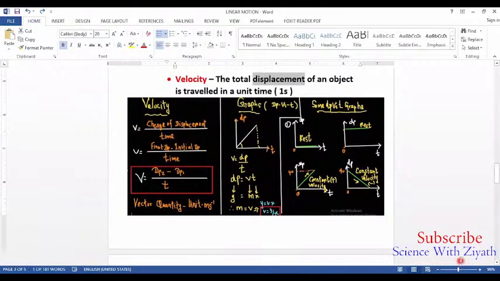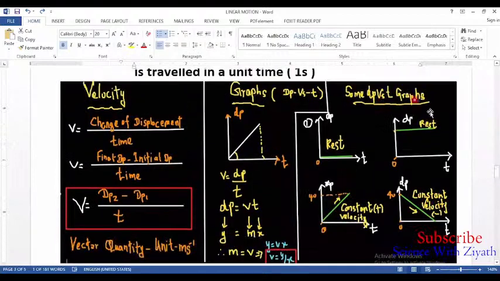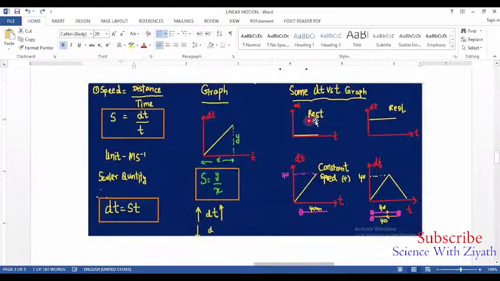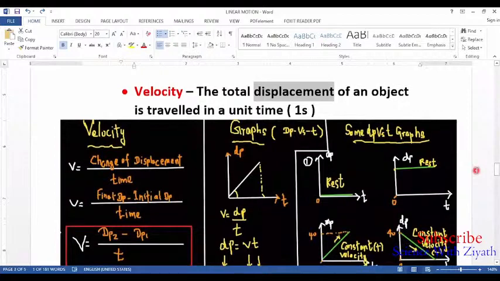And if you look at this now, some different types of velocity displacement time graph. We studied the distance time graph, and this is the difference. This is rest, look. Here also, in the distance time graph, it is rest. Look at this. Here this is also rest in the displacement time graph.